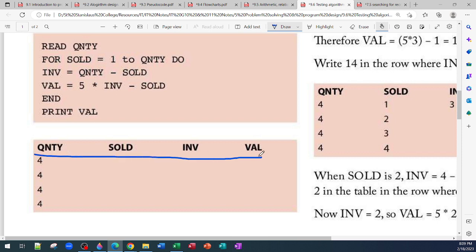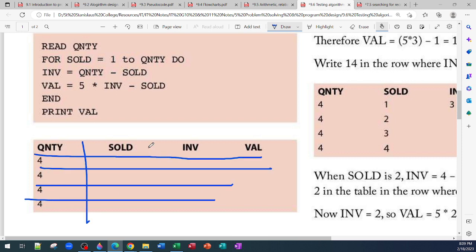So we can imagine it as a table, and these are your variables at the top here. Remember the variables go in the heading, and the values come down inside that particular column.